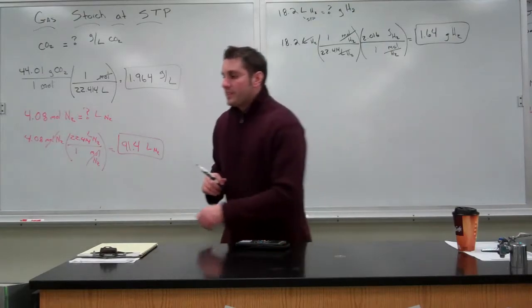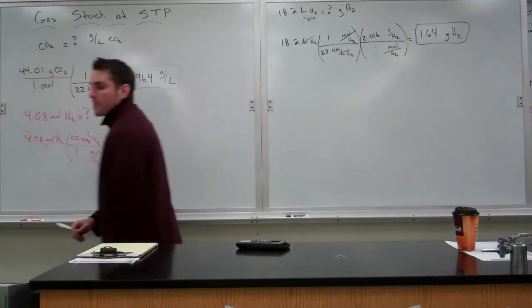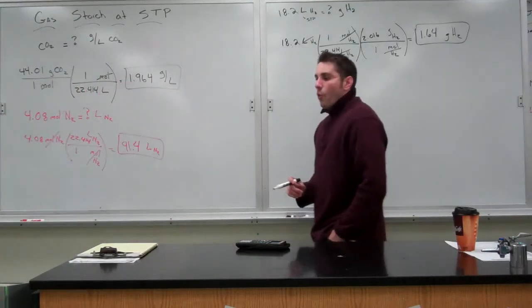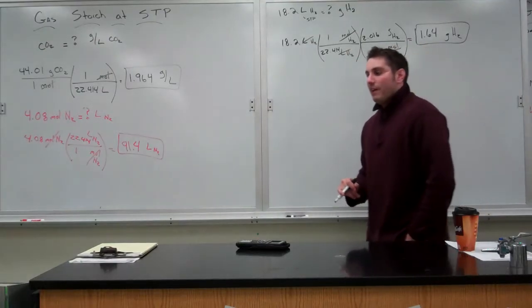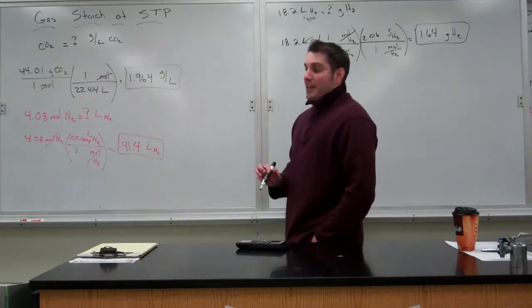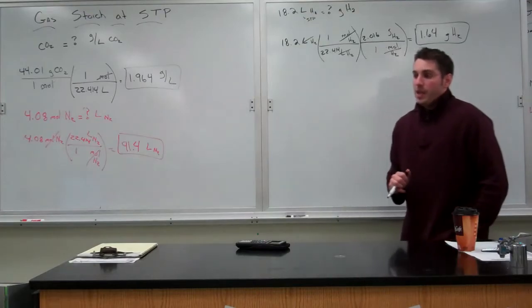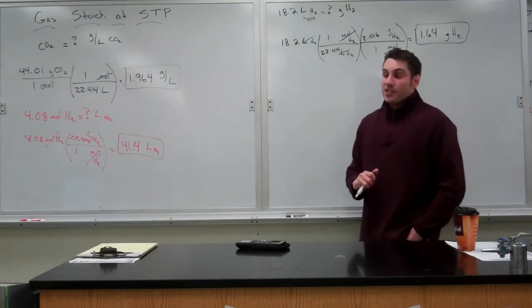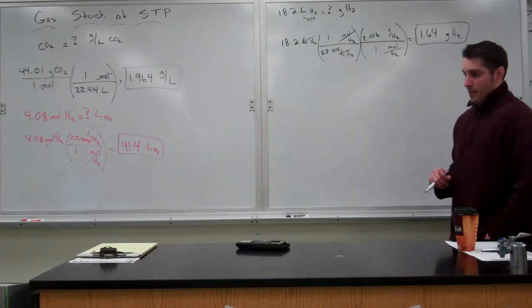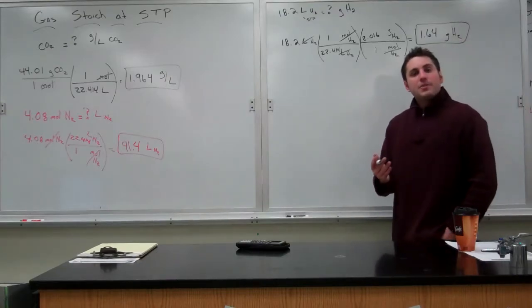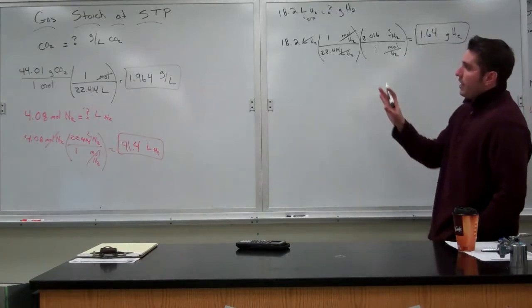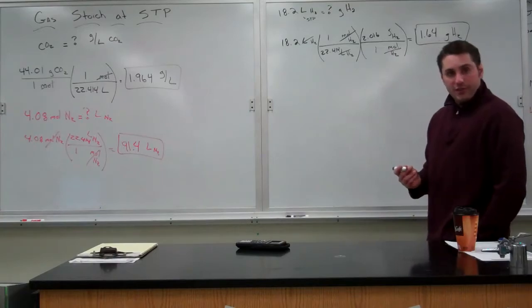Last example from this section says, what is the molar mass of a gas that has a mass of 2.00 grams and a volume of 1.50 liters at STP? We try to set this up the same way, but a little different than these other ones. I now have 2 numbers given to me.